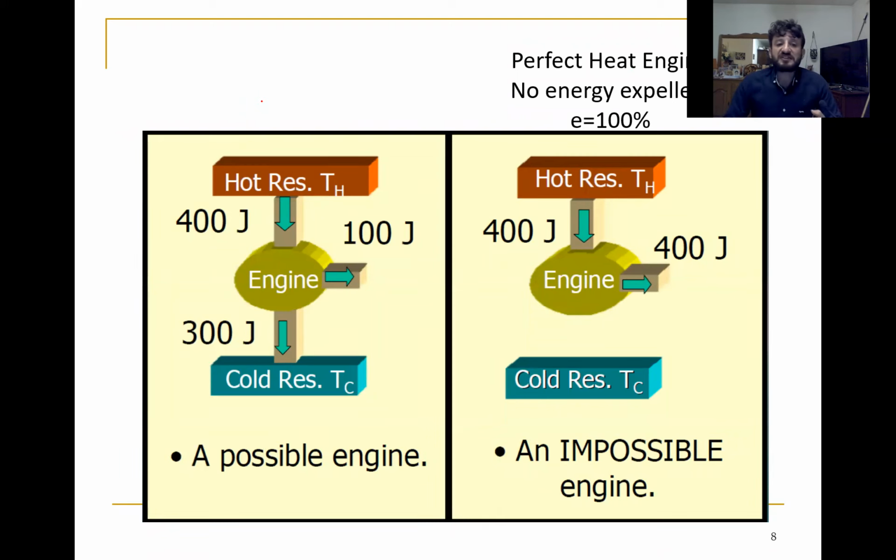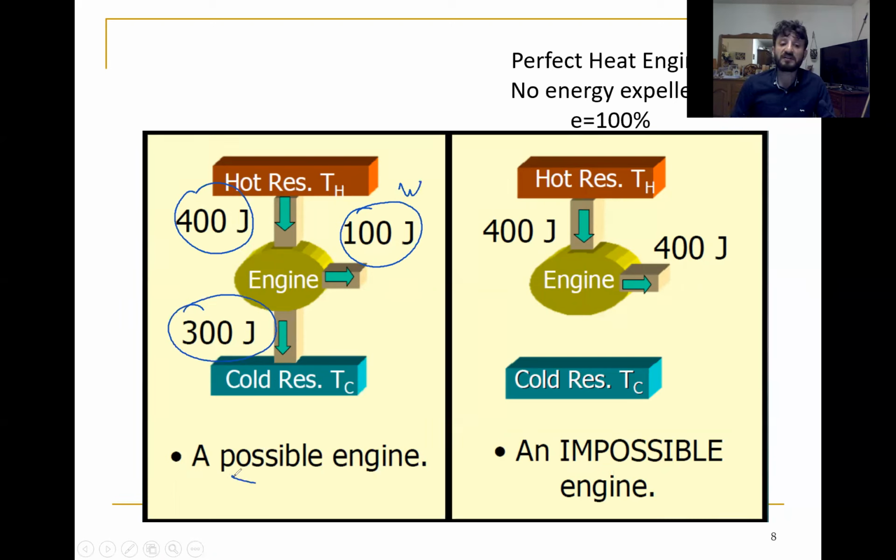A simple example: here we have the hot reservoir at T hot, and here a cold reservoir at T cold. We have 400 joules of Q hot added to the system, 100 joules of work omega, and 300 joules as Q cold.